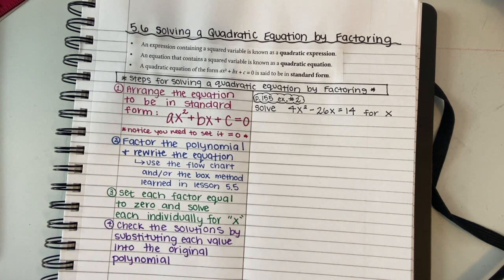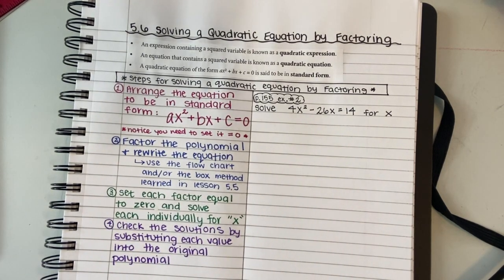But going on to solving a quadratic equation by factoring, we first need to know what a quadratic equation is. A quadratic expression is an expression containing a squared variable. That's what we were using in lesson 5.5 because we weren't setting it equal to anything. A quadratic equation is an equation that contains a squared variable.